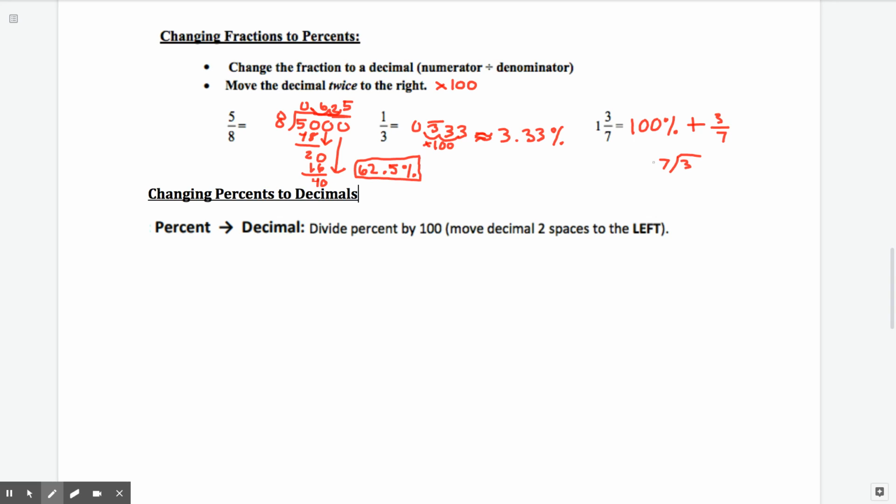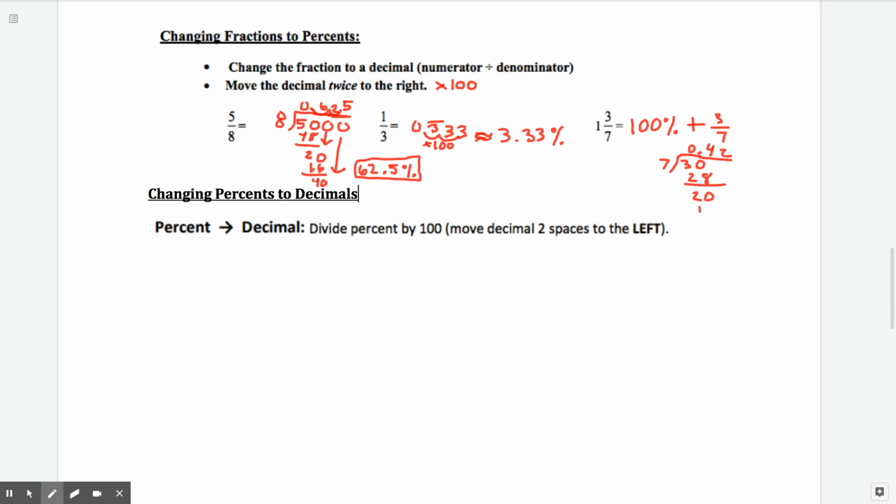Okay, well, 3 cannot be divided by 7, so then it's 0. And you add your decimal, you add the 0 on the inside. 7 goes in here 4 times, that makes 28. And then 28 subtracted from 30 is 2. Add your 0. 7 goes into 20 2 whole times.